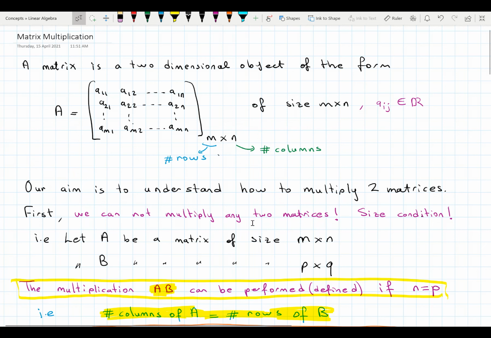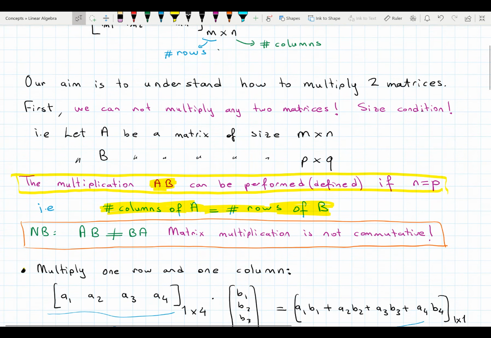First, we cannot multiply any two matrices. We have a size condition on the matrices to be able to multiply them. The condition is as follows. A is any matrix of size m by n, and B is another matrix of size p times q.